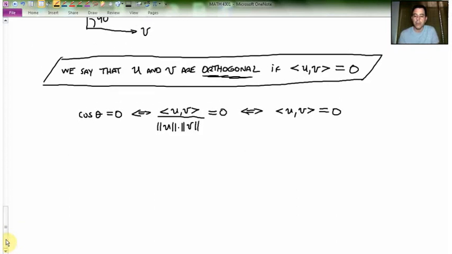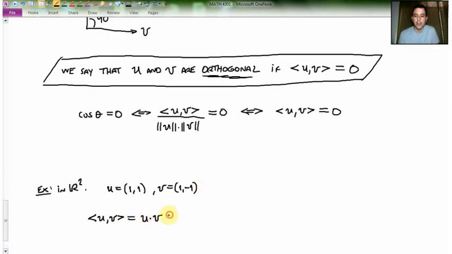I can show you two vectors that are orthogonal. For example, in R2, if I take u as 1, 1, and v as 1, -1, then the inner product between them, which is a dot product in this case, is 1, 1 dot 1, -1.